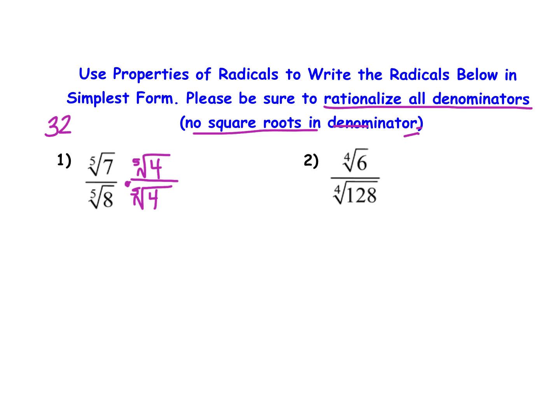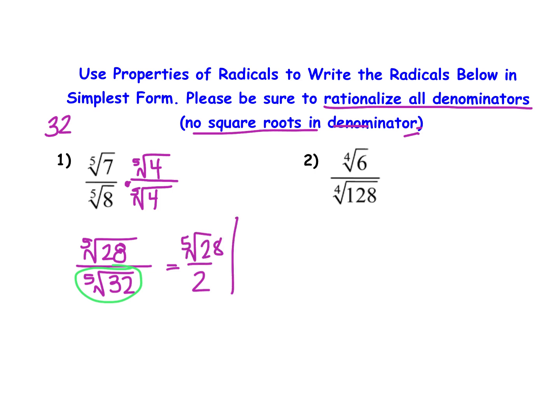But in doing so, now I can use my product property, so my numerator in the top becomes the fifth root of 7 times 4, which is 28. And my denominator becomes the fifth root of 8 times 4, which is 32. So notice, by just strategically multiplying by 1, I now have something in my denominator that can be perfectly rooted. The fifth root of 32 is 2.